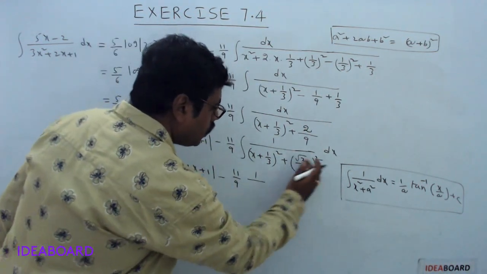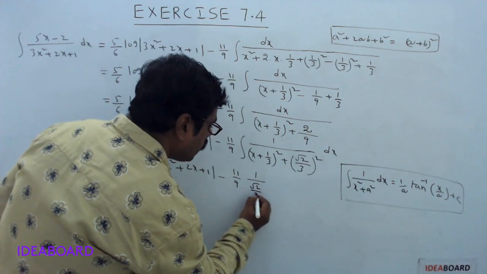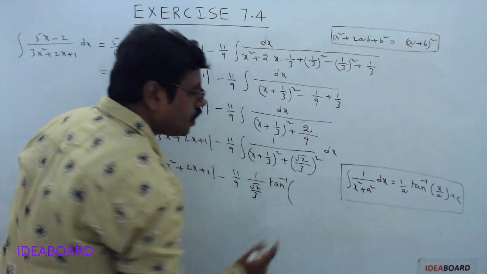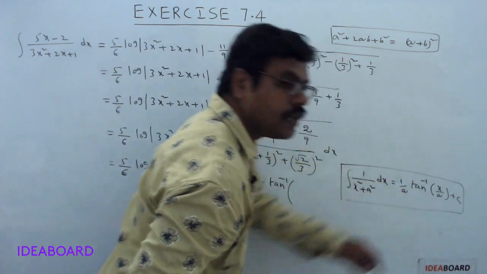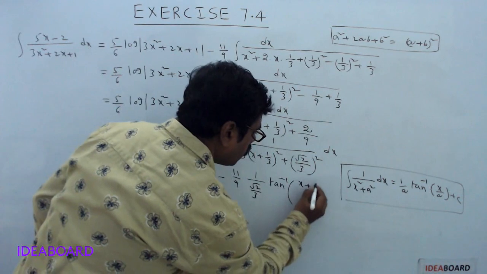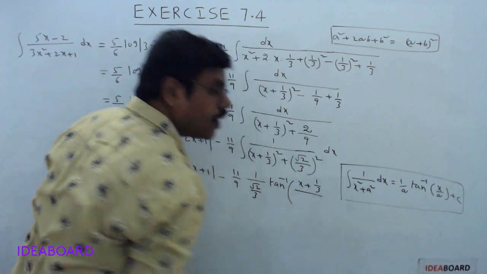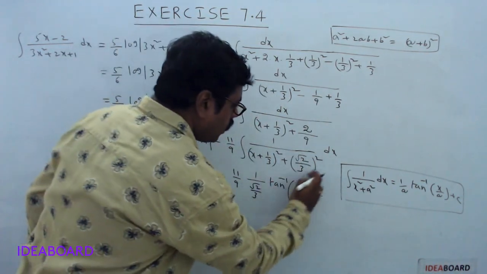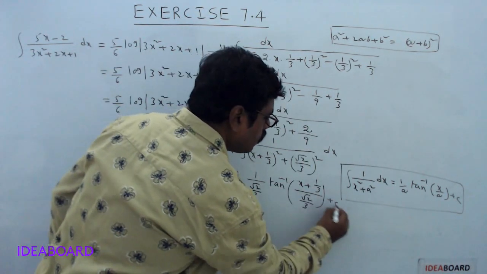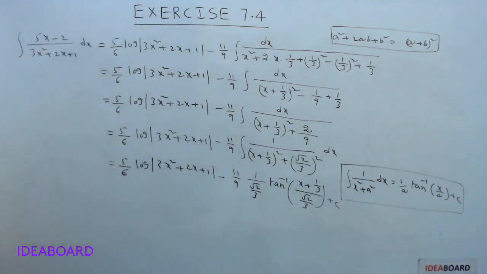What is the value of a? Root 2 divided by 3, into tan inverse of x divided by a. What is x value? x plus 1 by 3, divided by a. What is the value of a? Root 2 divided by 3, plus some constant c.